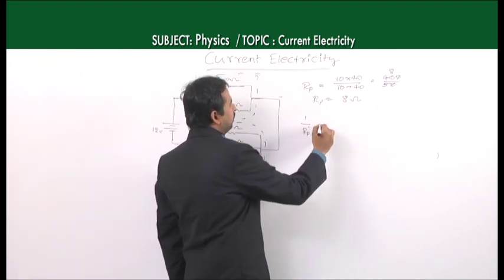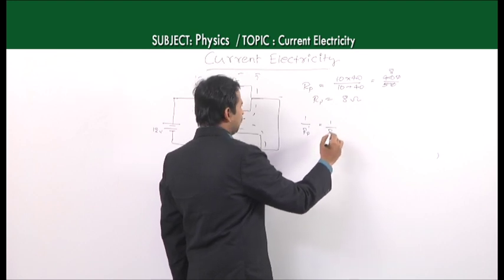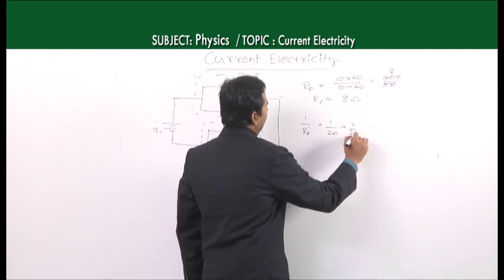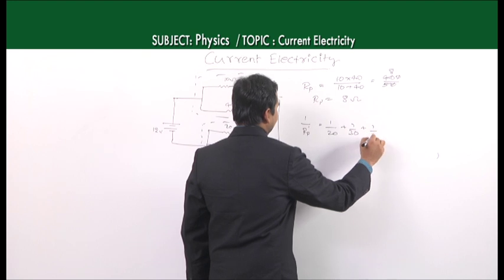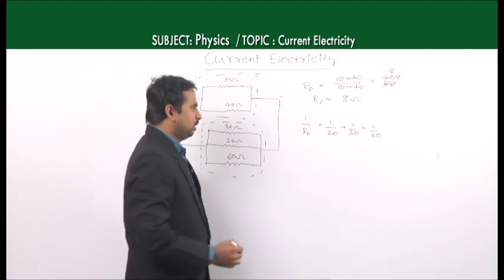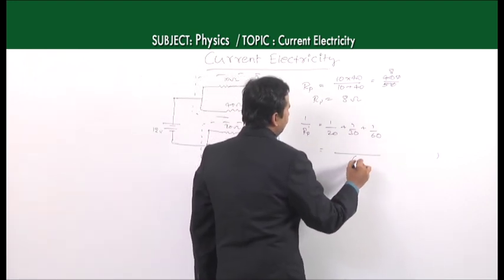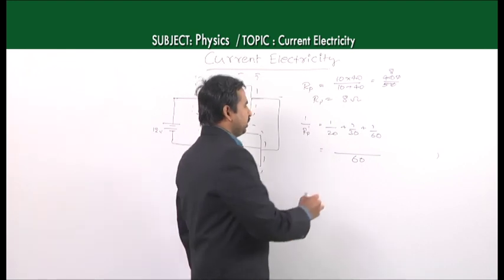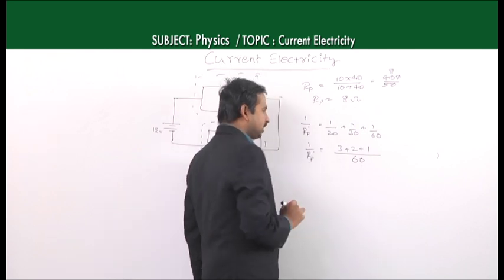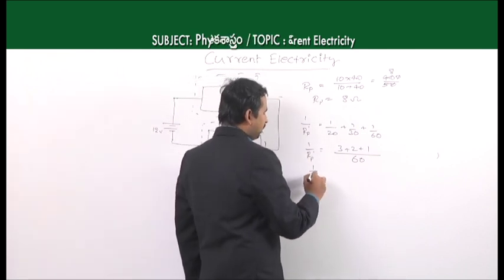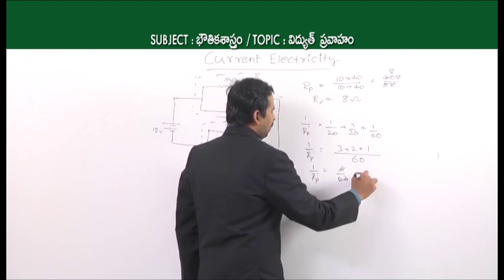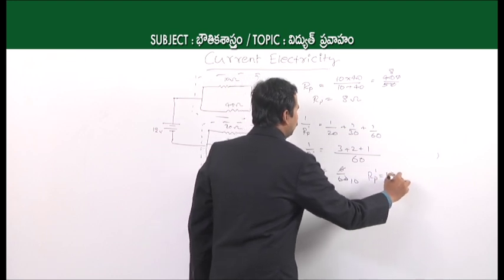Now as we have 3 resistors, we have 1 by 20 plus 1 by 30 plus 1 by 60. If we take the LCM as 60, then it is 3 plus 2 plus 1. So 1 by Rp dash is equal to 6 by 60, which gives Rp dash equal to 10 ohms.